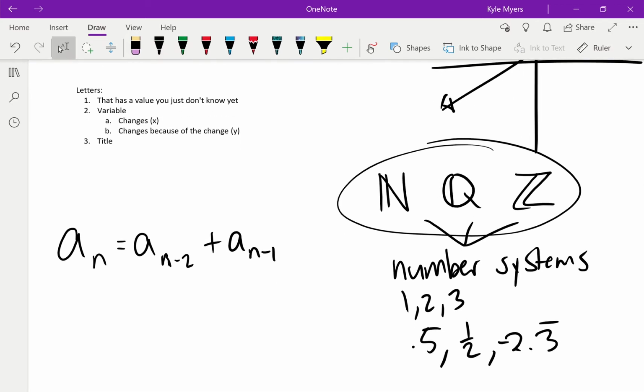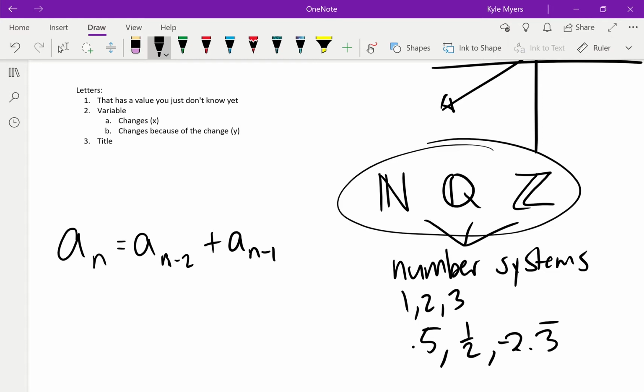It's the classic Fibonacci sequence. You add the two previous terms to get the current term that you want. If you're not familiar with all this just yet, either because you haven't gotten to recursive systems yet, or because it's been a while since you've been in school, no worries. The whole point of this is to show you that there are two letters in this equation, right?